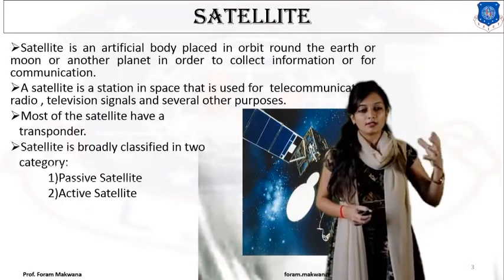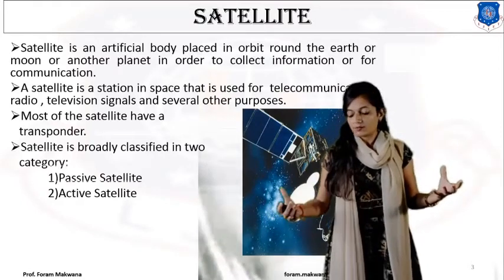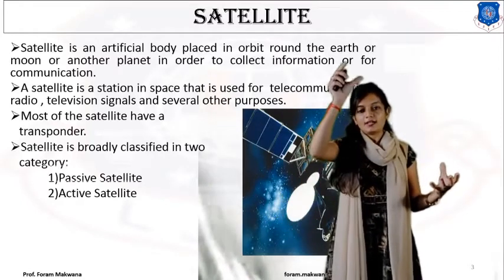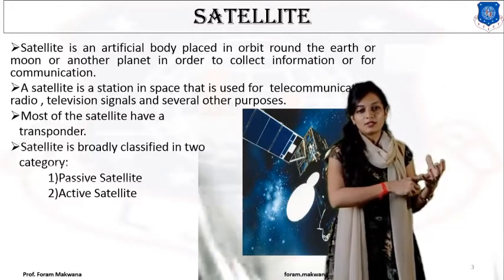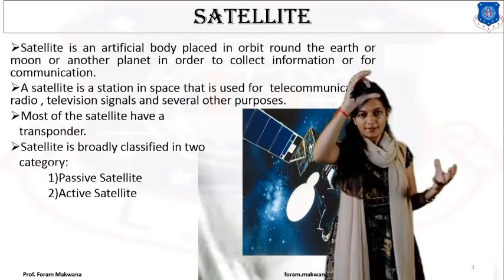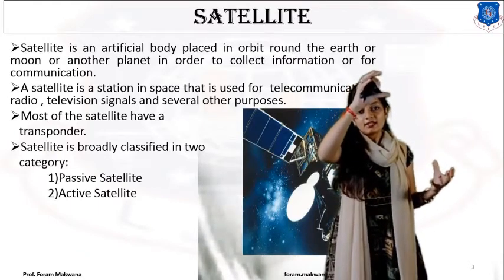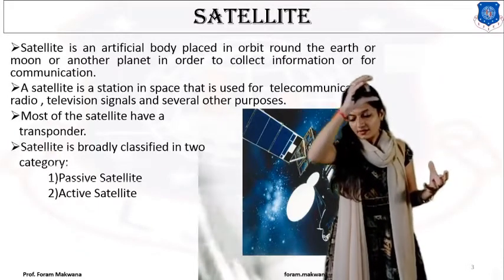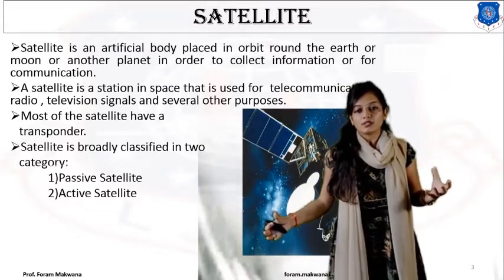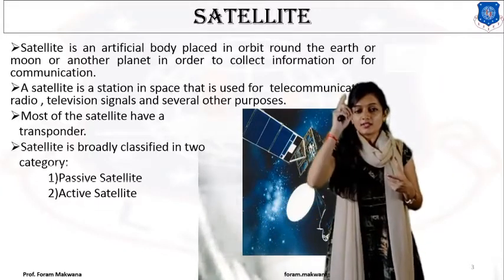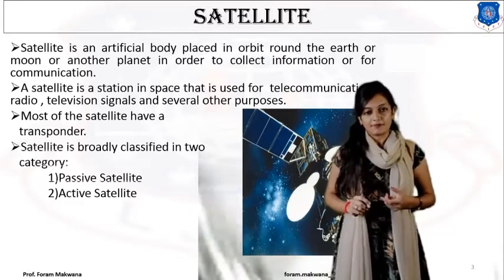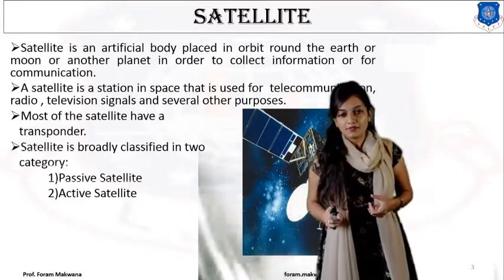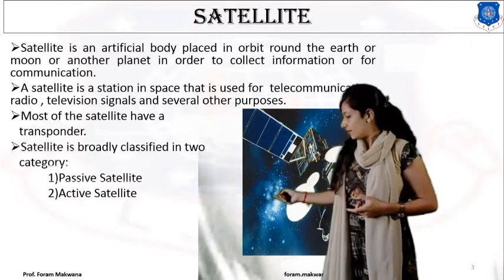As we can see, this is my transmitting Earth station, this is my receiving Earth station, and the satellite is in space. The transmitting Earth station transmits the signal to the satellite, and that signal is simply reflected back to the receiving Earth station. That signal is not amplified by the satellite. That is called the passive satellite. And if it is amplified, then it is called the active satellite.